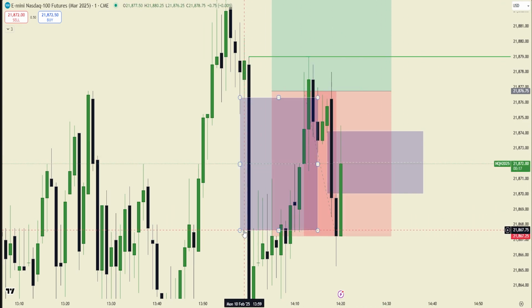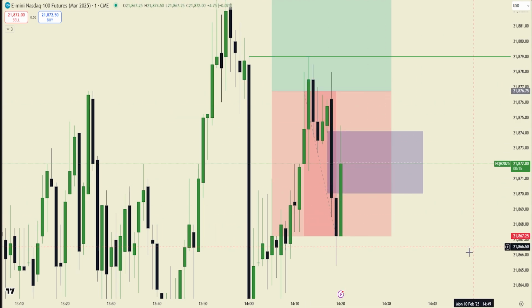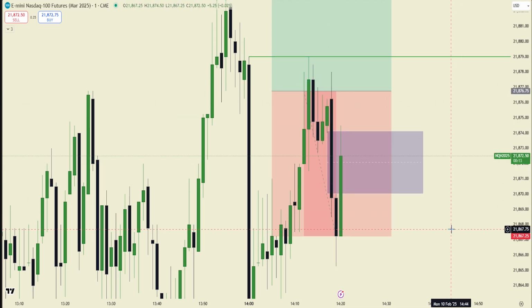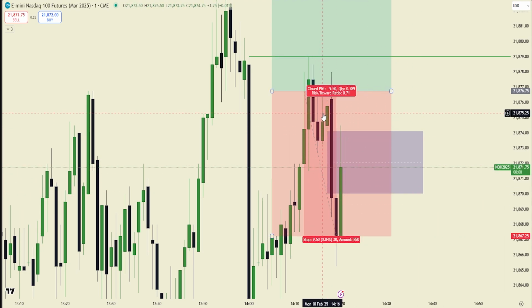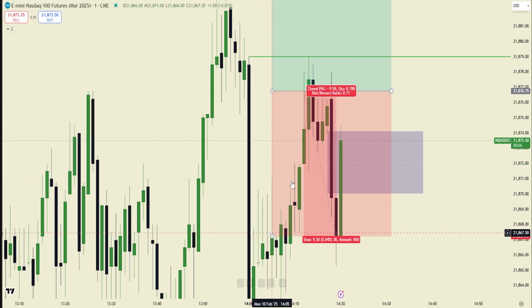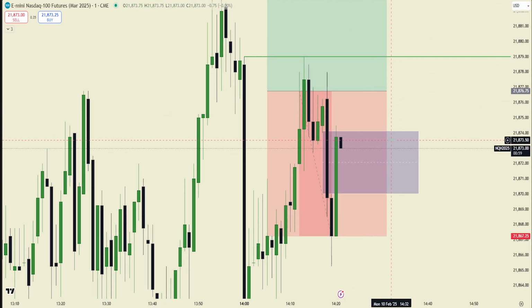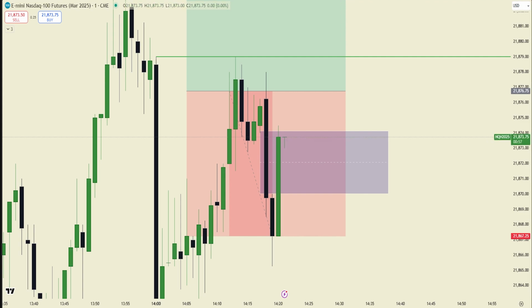This one I like more, right? Obviously, because we have the momentum. If we don't get it and it just keeps chopping sideways, then obviously no trade. But I like this momentum a lot more than whatever this was. So no close over there. Really close though.